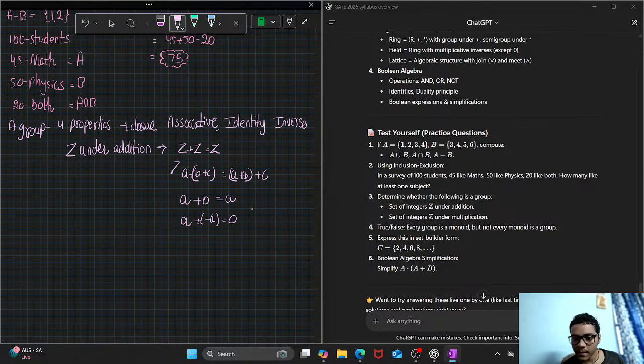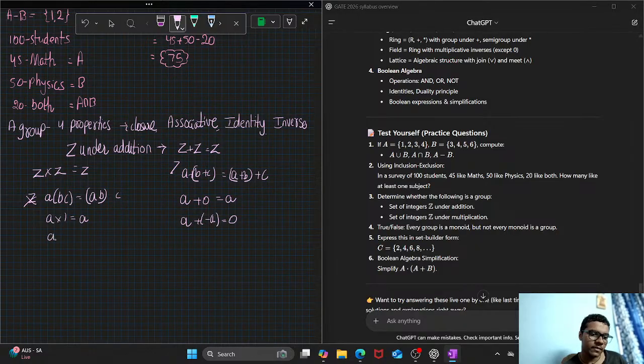Okay, this is working. Under multiplication, Z times Z is Z, true, and (AB)C is equal to A(BC), true, and A times 1 is A, and A times 1 by A is equal to 1. Right, so these are groups.